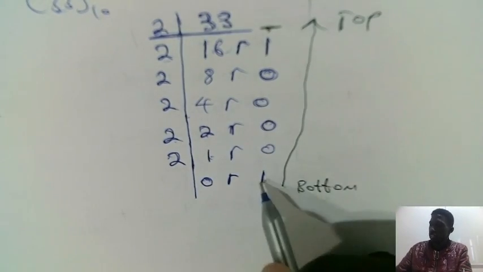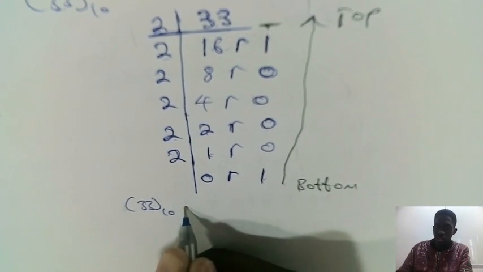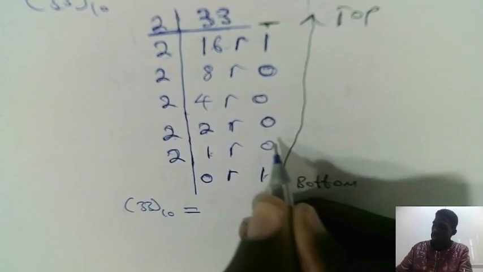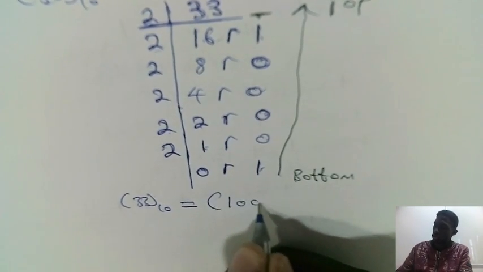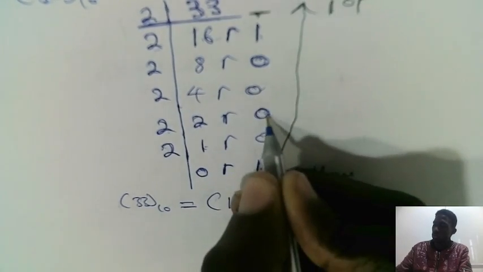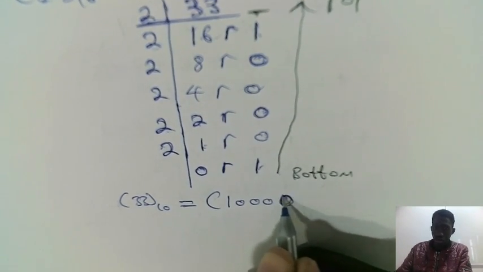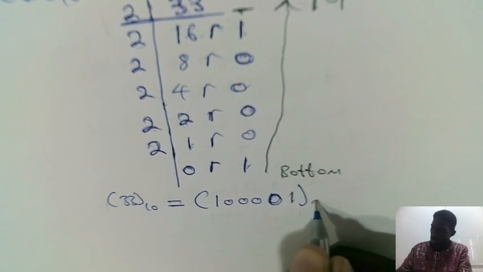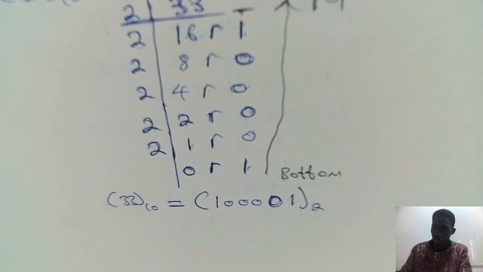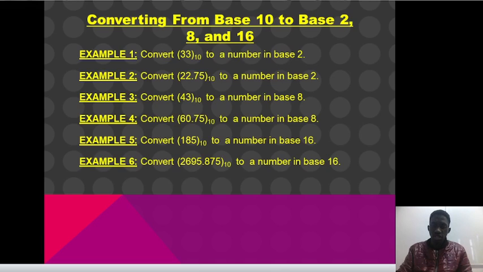So if we read the number like this, we will see that 33 in base 10 is equal to 10001, four zeros and then a 1 in base 2. And that's our answer. We move on to the next example.